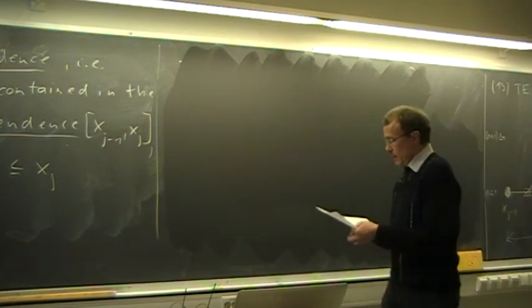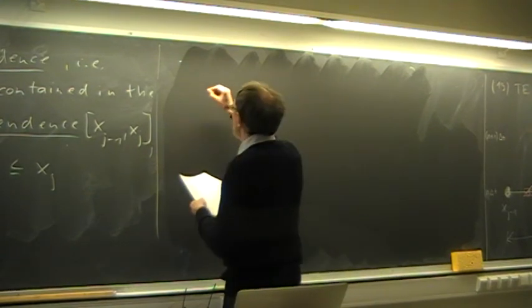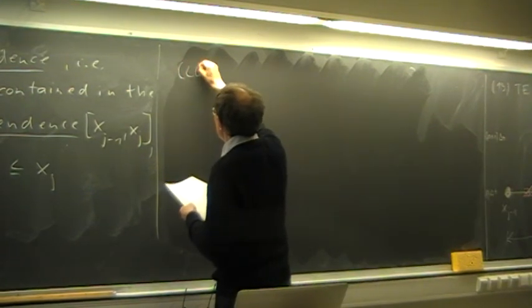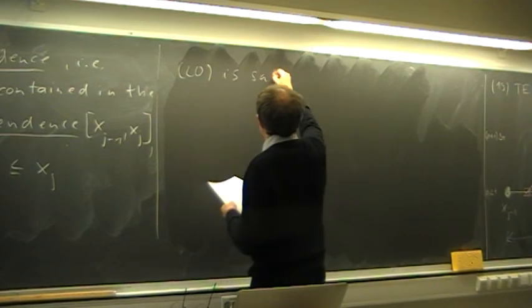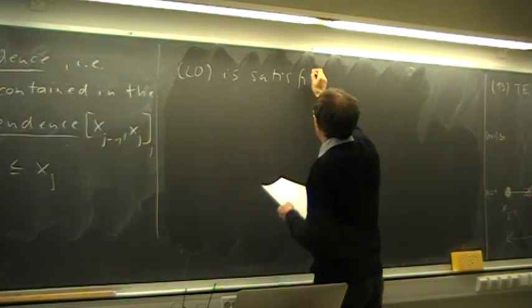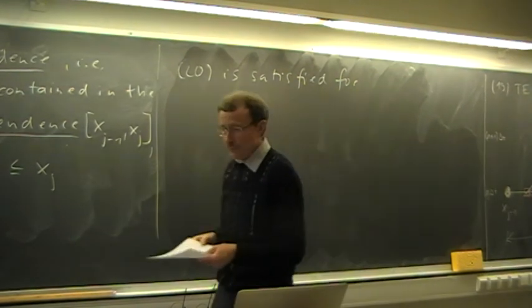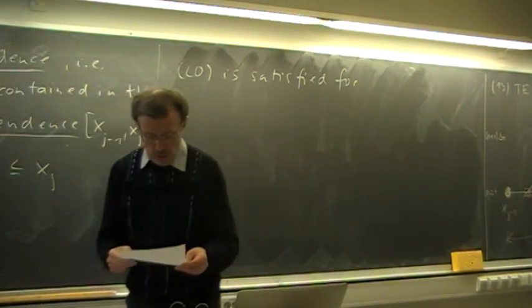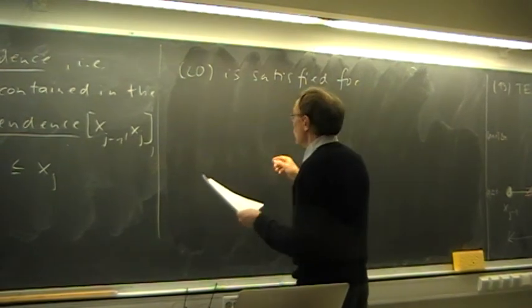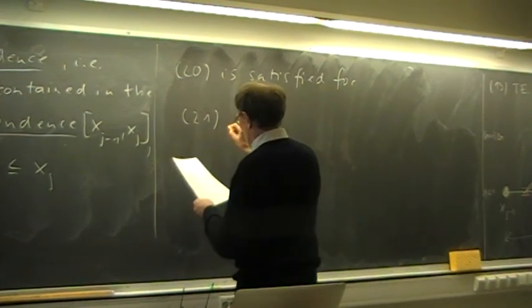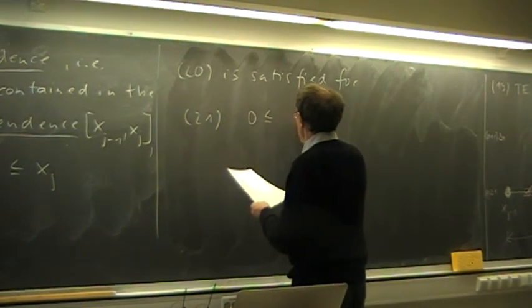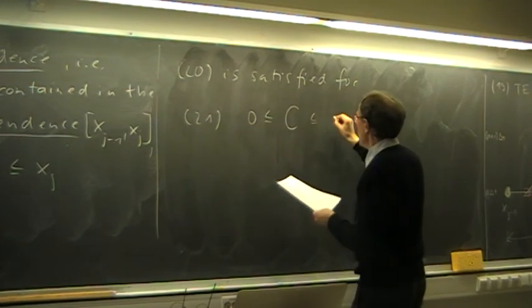So that means this condition 20 is satisfied for, that is 21, 0 smaller equal c, and that is now the Courant number, smaller equal 1.